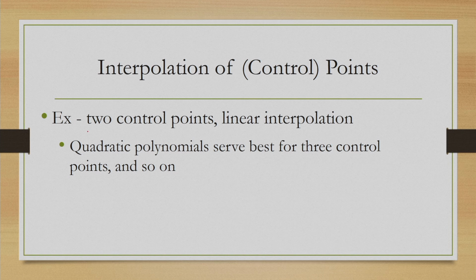Suppose we are given 2 control points. In such a situation, it is advisable to go for linear interpolation rather than any other higher form of interpolation, because we have only 2 control points. Similarly, if there are 3 control points, then we can go for quadratic polynomials. If there are 4 control points, we choose the degree accordingly and so on.